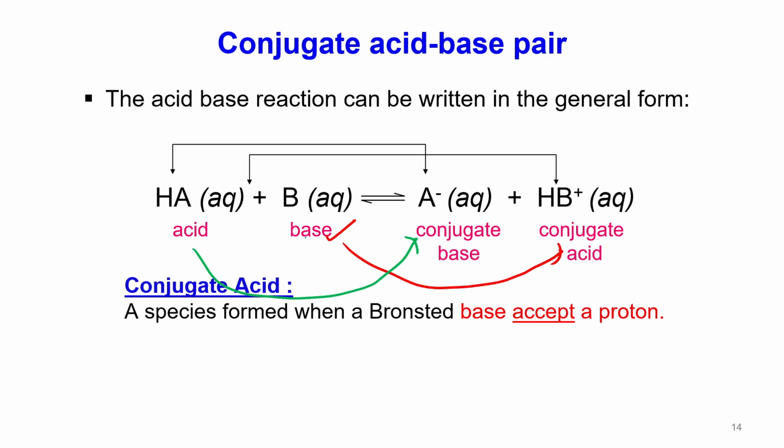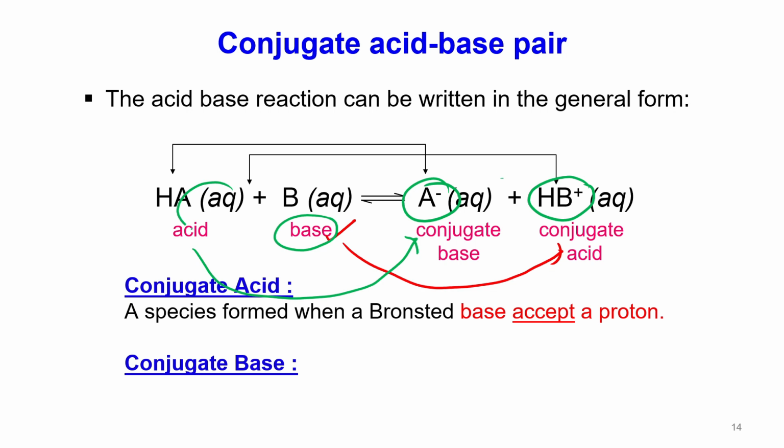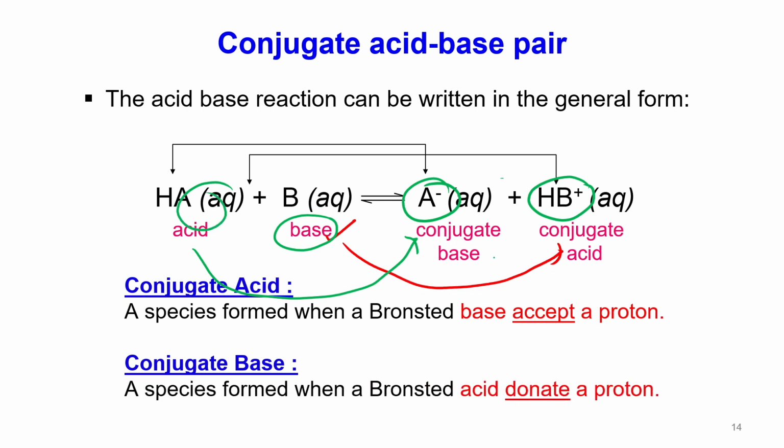Okay, so Bronsted base refer kepada B. B accept proton, jadi HB accept 1 H+. So for conjugate base, okay, conjugate base refer kepada A. So A compare dengan HA. So after donating proton, donate H+, dia akan jadi A-.